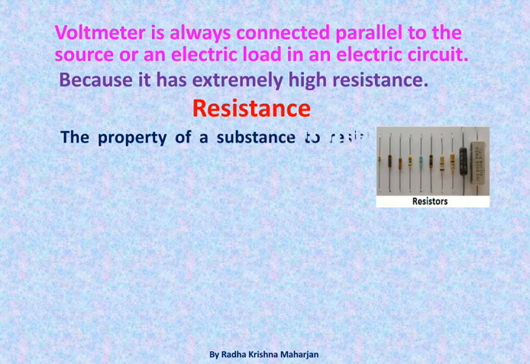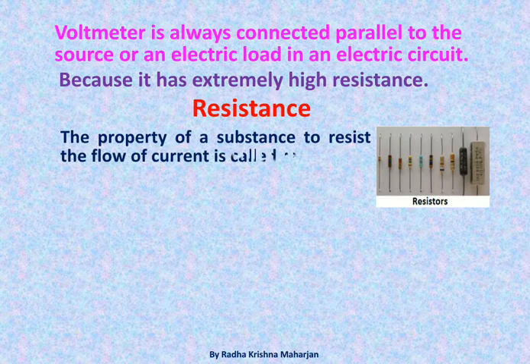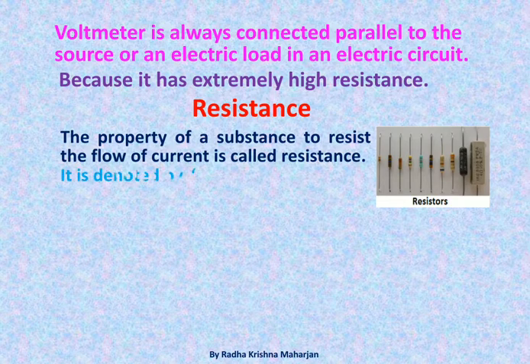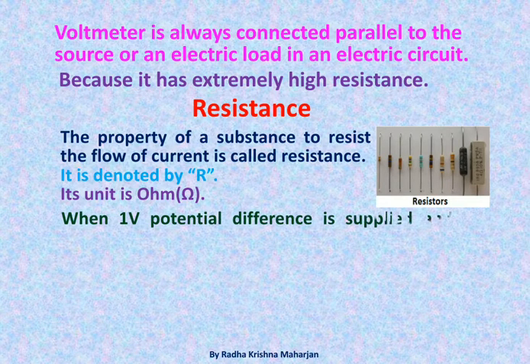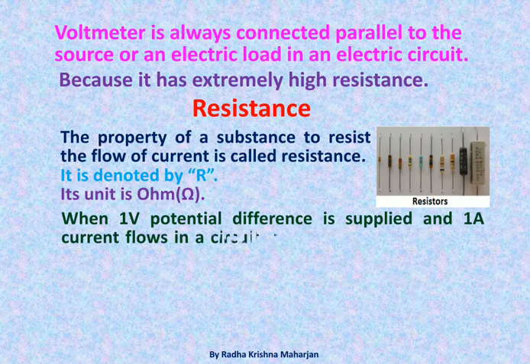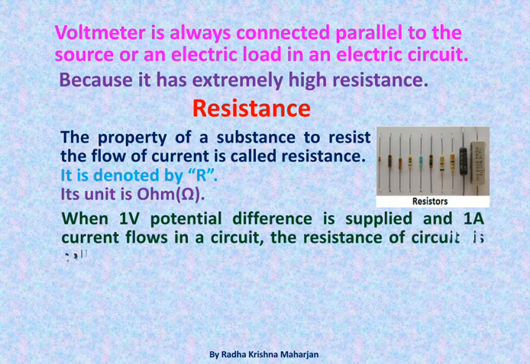The property of a substance to resist the flow of current is called resistance. It is denoted by R. Its unit is ohm. When 1 volt potential difference is supplied and 1 ampere current flows in a circuit, the resistance of circuit is called 1 ohm.